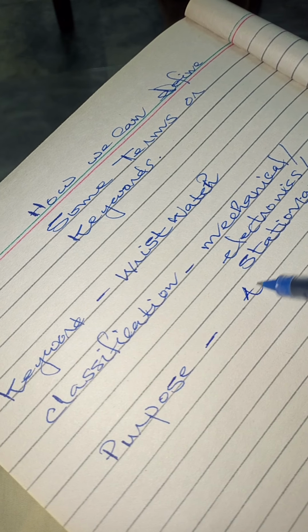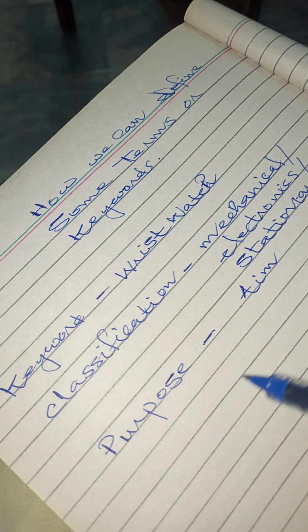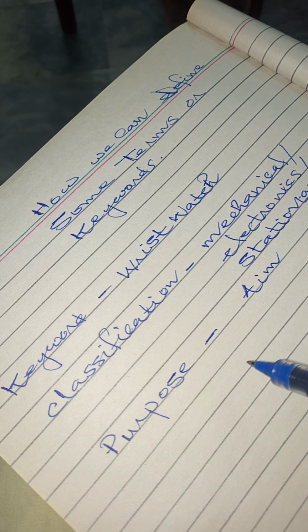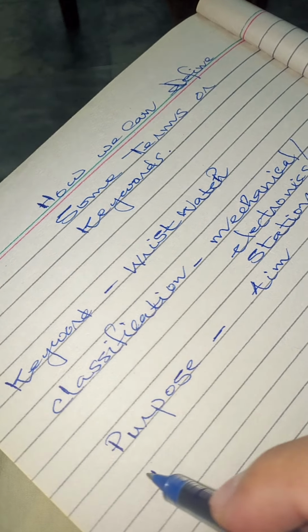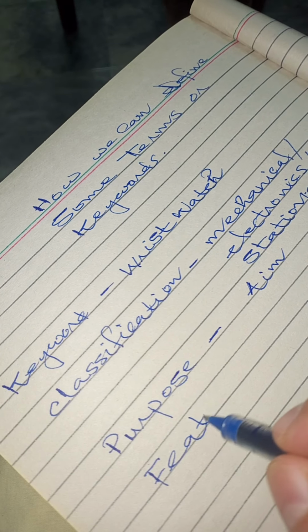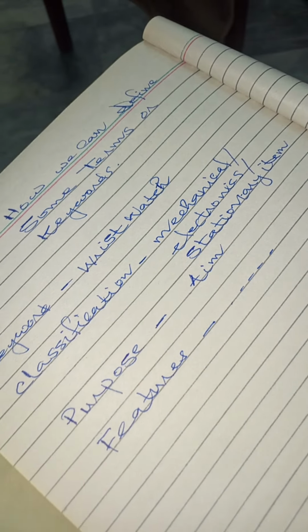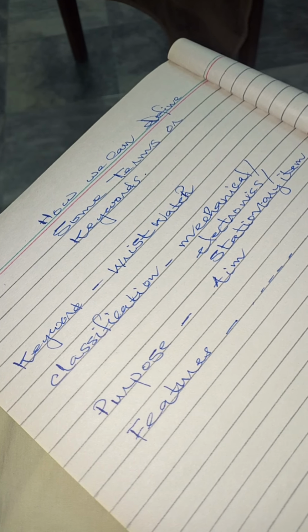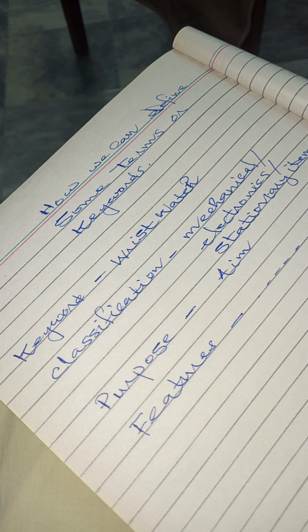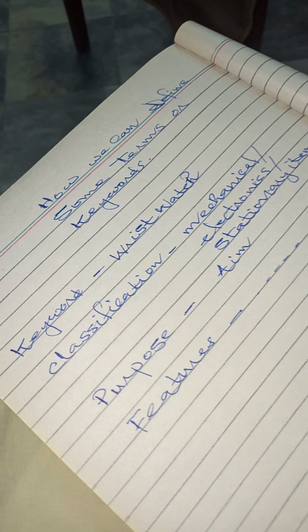So we have to define its aim or purpose, and then we have to look into its features. So what are the features of it? Through these tips, we can define any keyword or a term or anything which we want to define. So we can define like this.